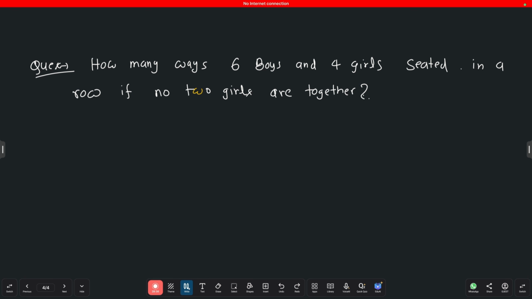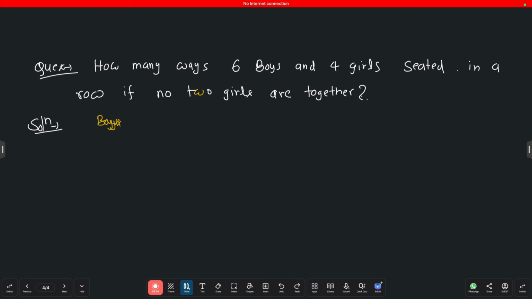6 boys are given and 4 girls are given. This category is actually important. The demand of the problem is that 2 girls cannot sit together.